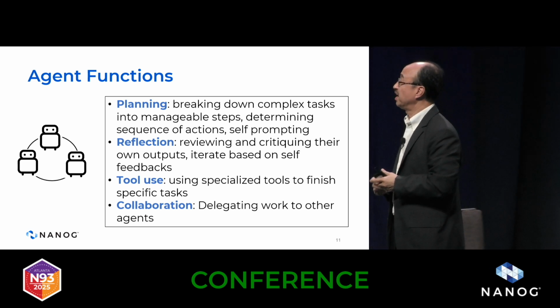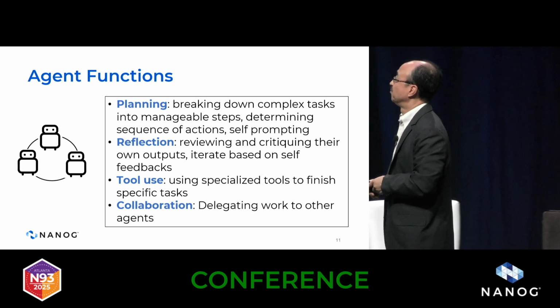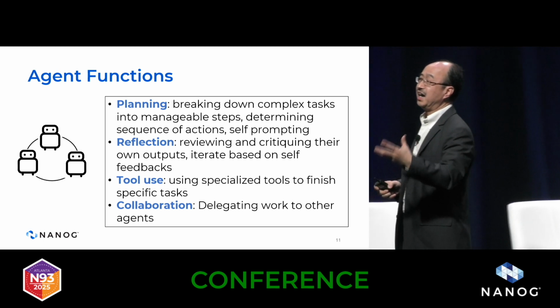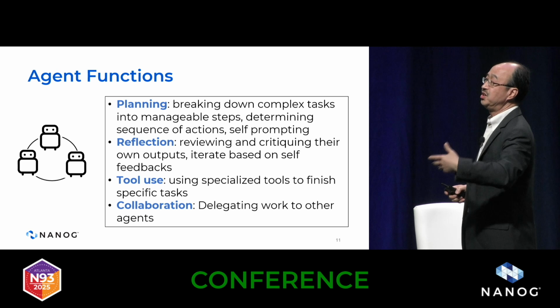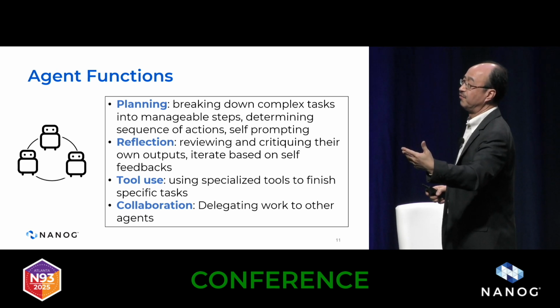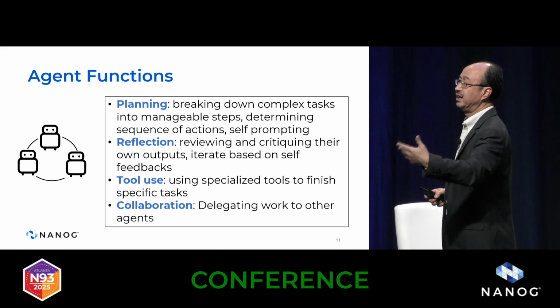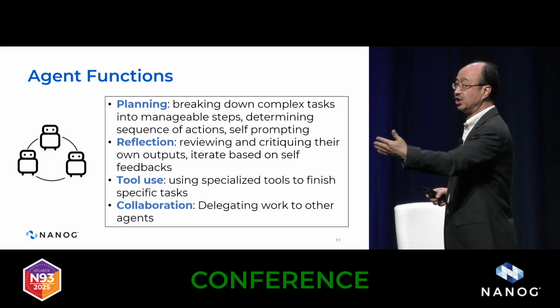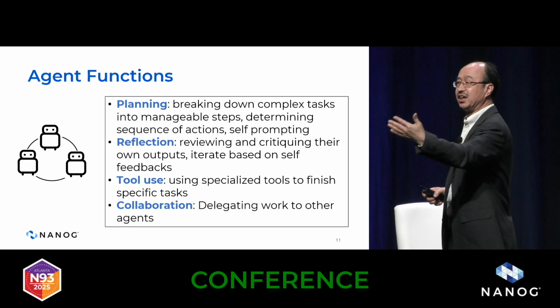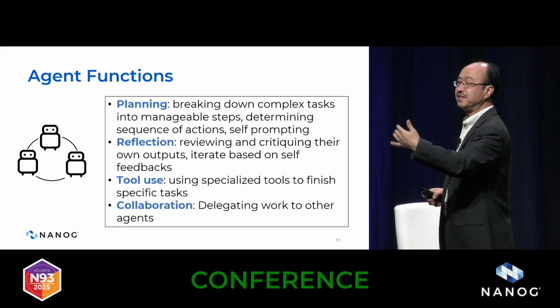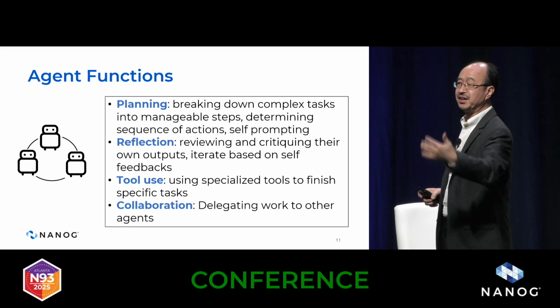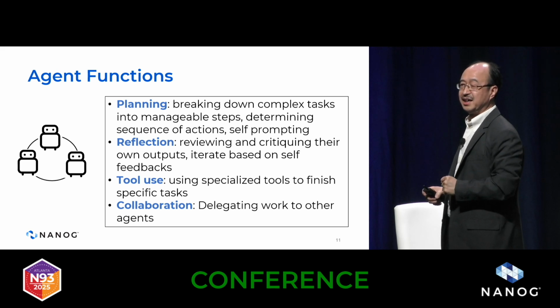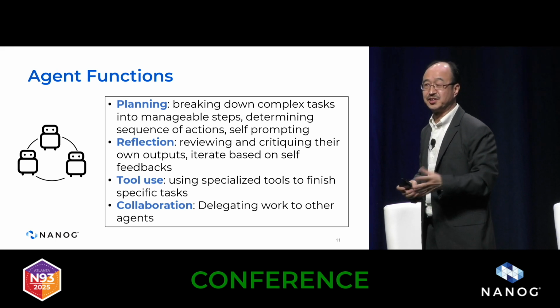The second part is reflection. By reflection, AI agents can review the work they perform and critique themselves. They say, oh, I did this, looks good or looks bad. Here's a problem, I need to resolve it. Here's the good part, I don't need to do it. It's a good job. Pat themselves on the back, so to speak, right?